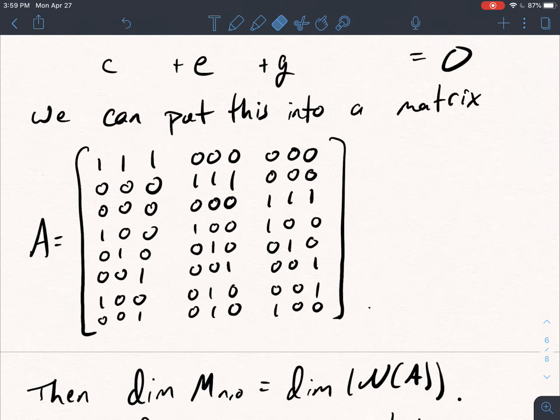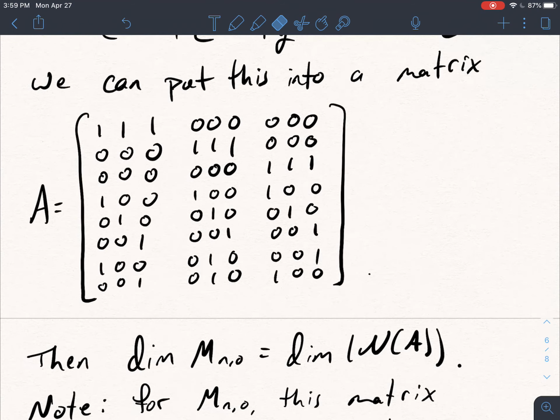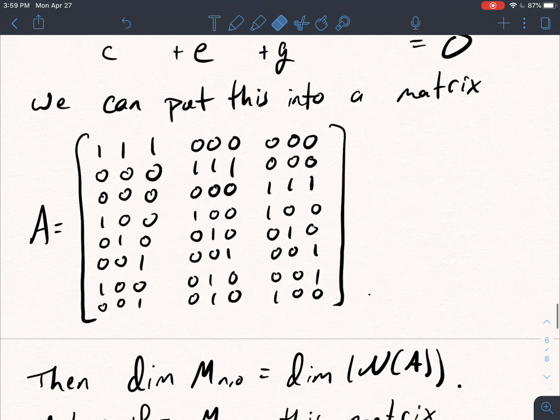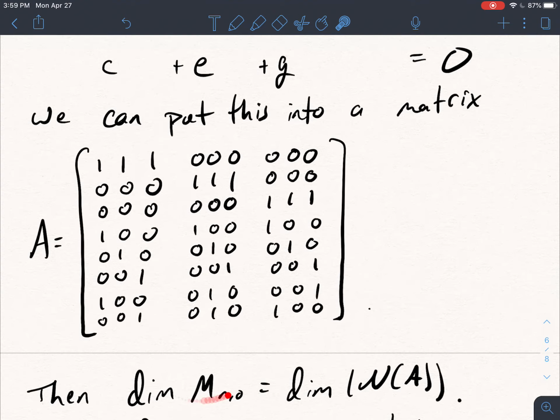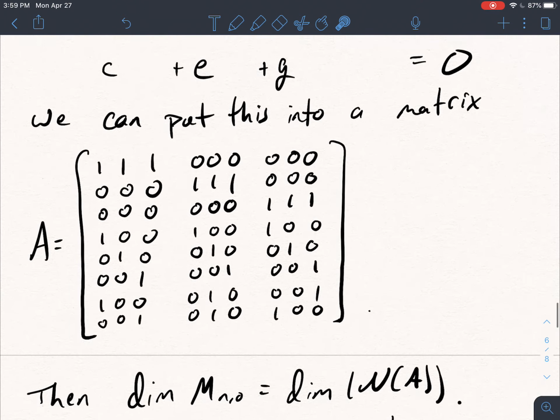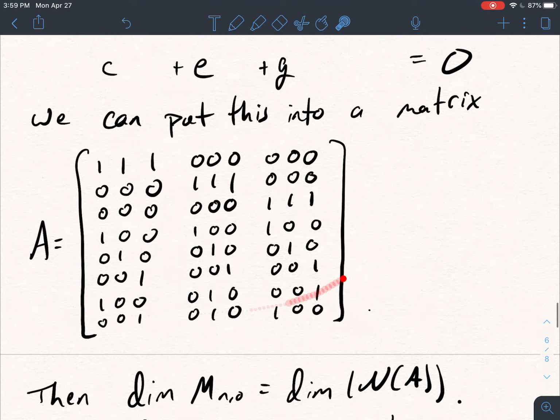So the dimension of m sub n0 is equal to the dimension of the null space of this matrix A. Great. So if we want to calculate the dimension of m sub n0, we've reduced that to calculating the dimension of the null space of this matrix.